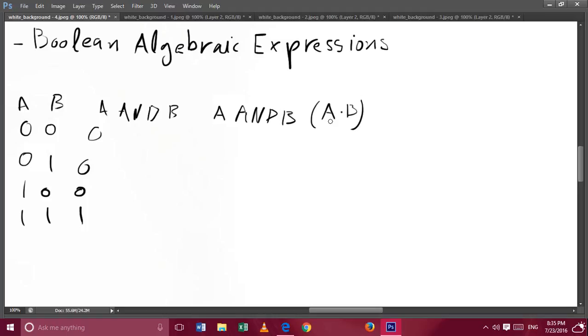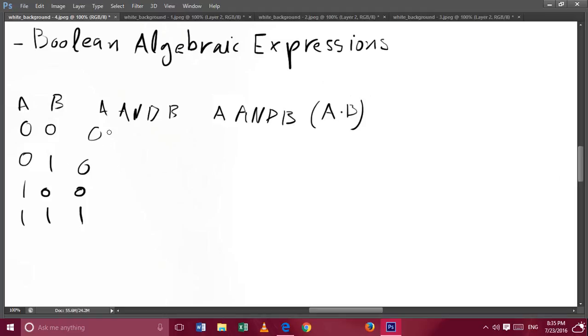Because if you think about it, AND is really the product of A and B. The product meaning like in normal algebra, you do multiplication, because if you multiply 0 by 0, that's 0, 0 by 1, that's 0. It's only 1 when they are both 1, right? So this logic makes it easy for you to understand the notation. So this will be A and B, right?